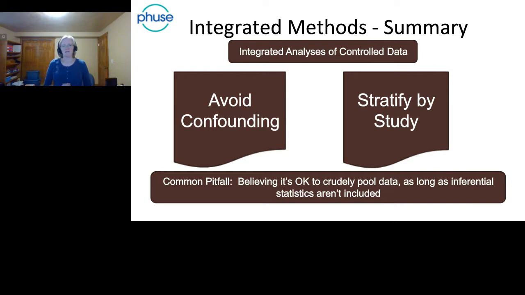I hope you can see from those examples that that is simply not true. Crudely pooling your data and getting percentages, whether you have inferential statistics or not, can completely mislead you. It is not the case that it's okay to not do these things if you simply don't put inferential statistics on the table.